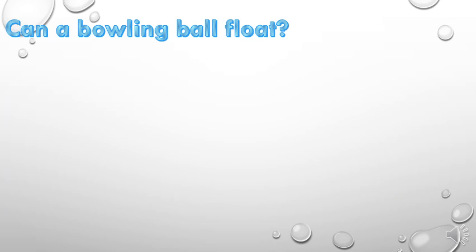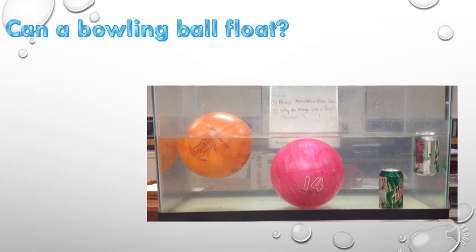Can a bowling ball float? What do you think? Take a bowling ball, put it in water. Can it float? Well, it depends on its mass. This first bowling ball has a mass of 8 pounds. The 8-pound ball floats.